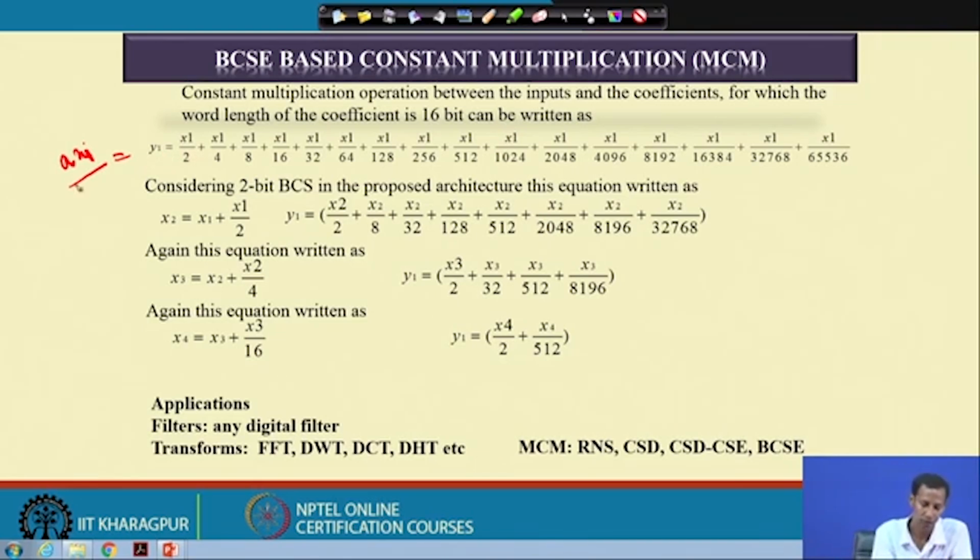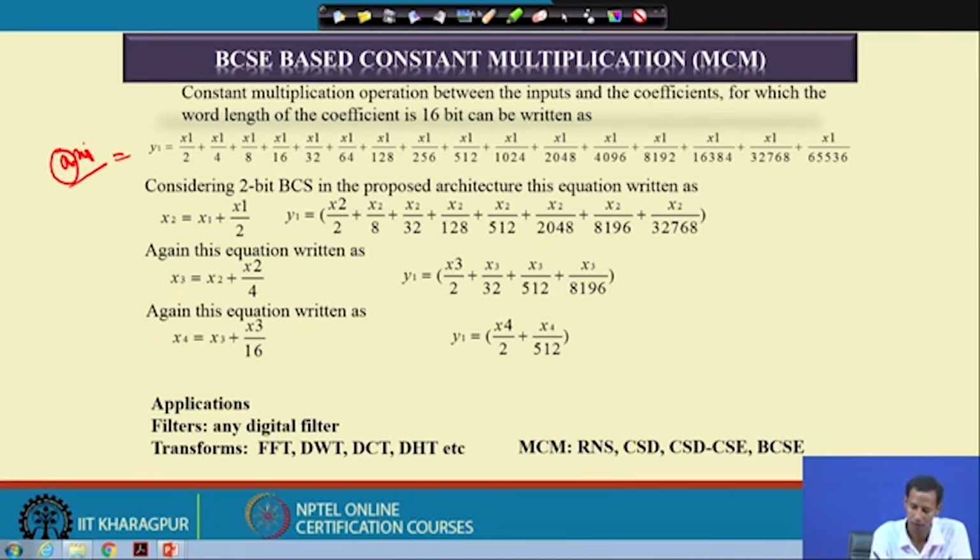I can write it considering the fact that the worst case condition of this A is when all the bit positions of A are 1. When all the bit positions of A are 1, at that time each of these product terms I have to consider, right.